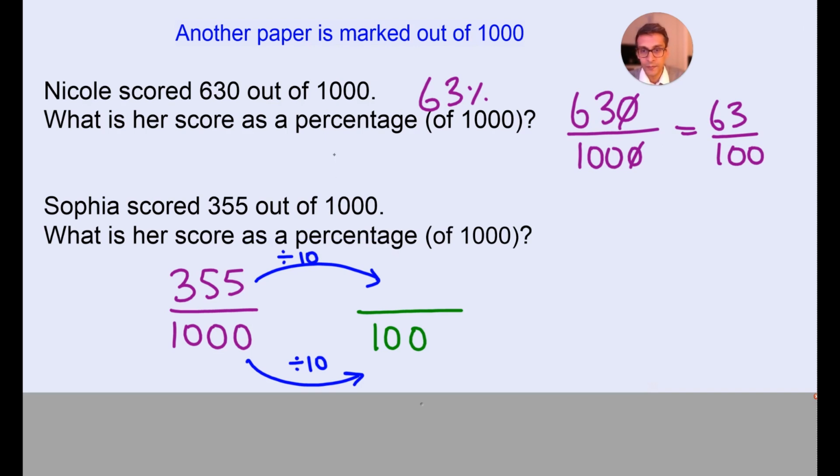So here we get 35.5 over 100. It's a decimal, but you can have decimals in fractions when you're working things out. So this nicely turns out to be 35.5%.